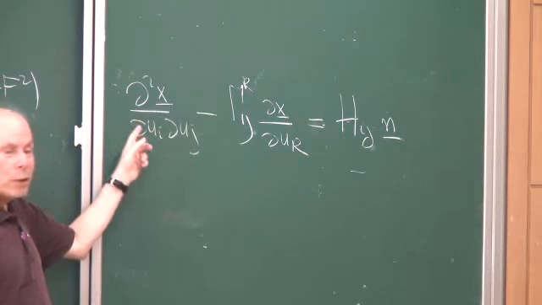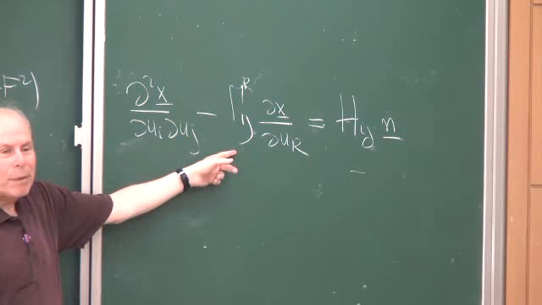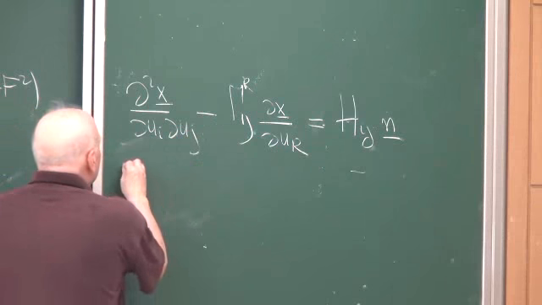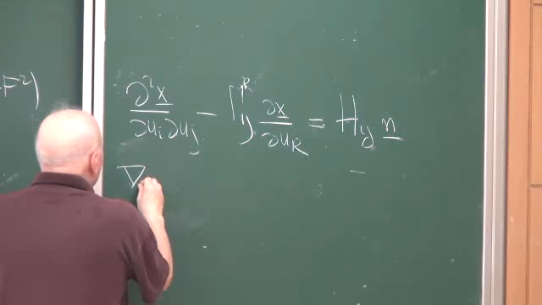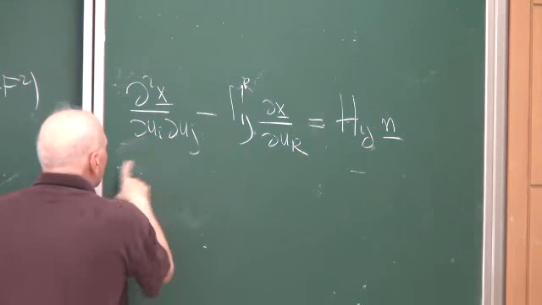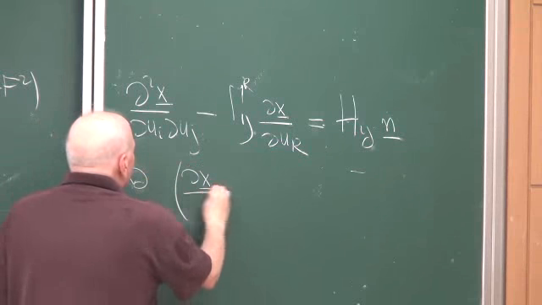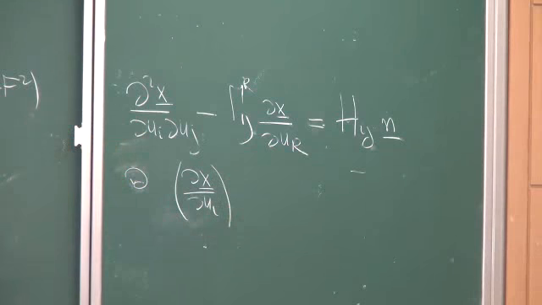It's a first derivative of a first derivative minus a first derivative. So let's give a name to this thing. So let's write it this way. It's the partial of x with respect to uj. Let's do uj first, it doesn't make any difference.